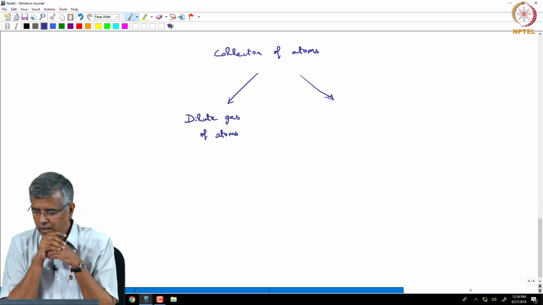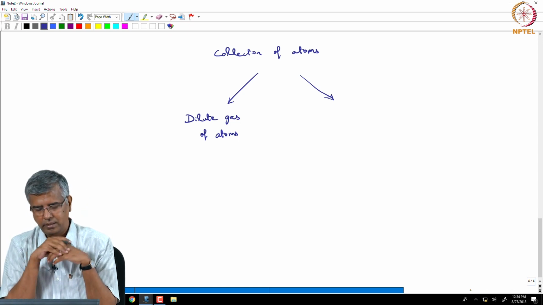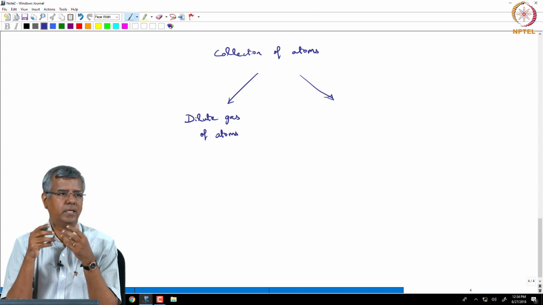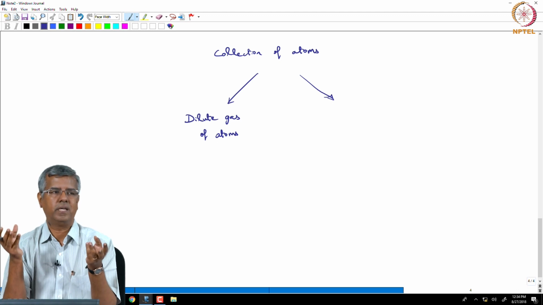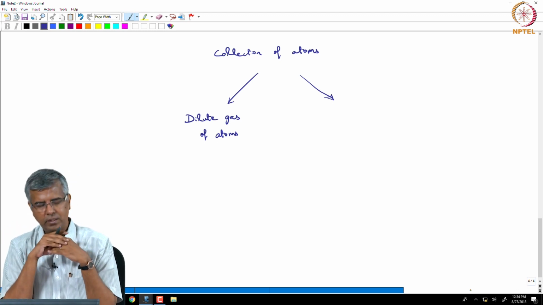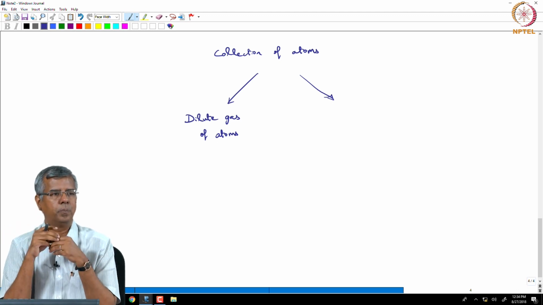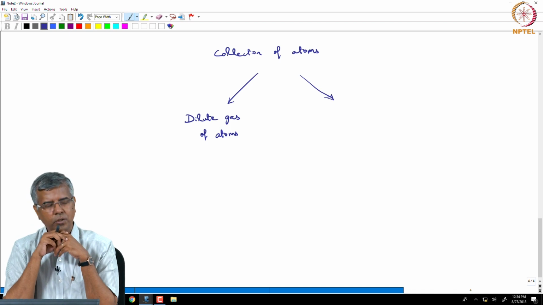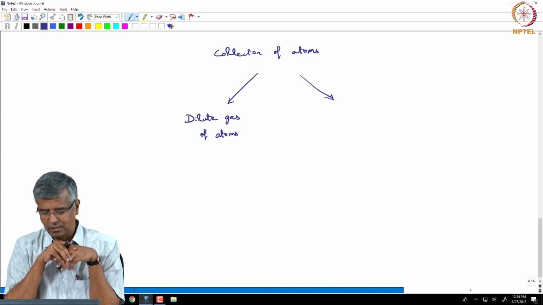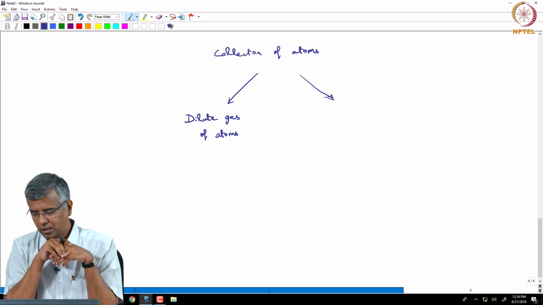Or even in a solid, in a glass matrix, where you are doping it with, let's say, some rare earth ion. With the typical doping densities that you are able to accomplish, you can pretty much consider that a dilute gas of atoms.